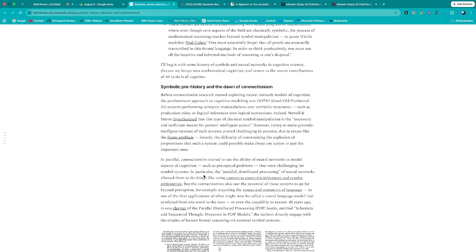So thinking about the dawn of connectionism and the things that led into it, we have to go back to very early AI. Before connectionist research started exploring neural network models of cognition, we used something called GOFAI, which was symbolic in nature.